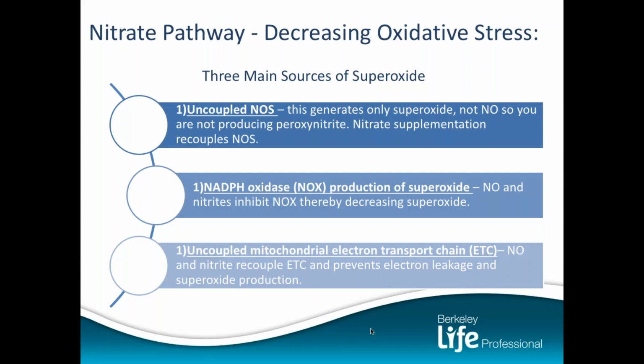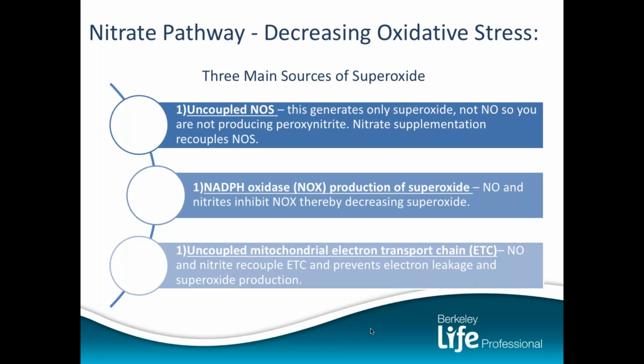But nitrites and nitric oxide inhibit NOX's production of superoxide. So if you're inhibiting superoxide production and increasing nitric oxide production, you're decreasing peroxynitrite production.